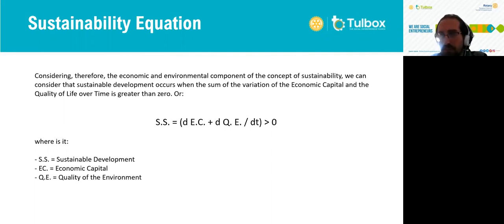Basically, a sustainable development or sustainable process is one that uses the economic capital and the quality of environment, aka the total capital, with a rate that is always measured to zero. So that means that the possibility of regeneration of the total capital is always positive. So there is always availability of new capital, even for the further iteration, you can say.